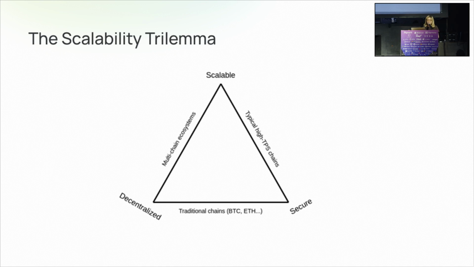And to talk about why sharding is important, I want to first mention something called the Scalability Trilemma. Some of you might already know it. It's a concept first brought up by Vitalik. And it says it's very hard for any blockchain to achieve all of the three properties: scalability, decentralization, and security.